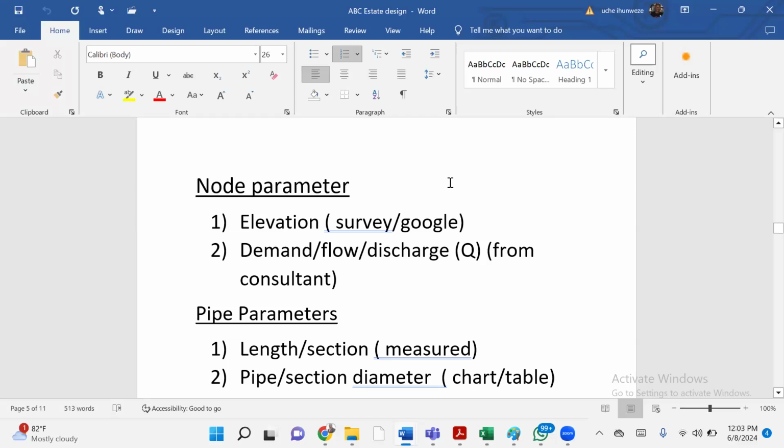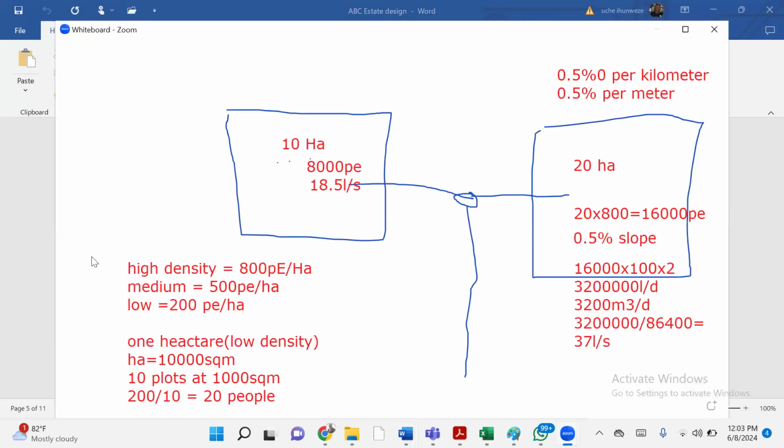You know what I mean by 5 streets now. Assuming this is streets, you go like this, like this, and then like this.